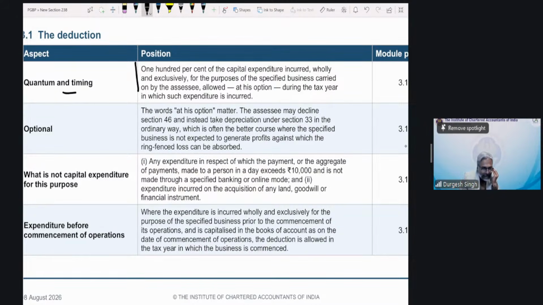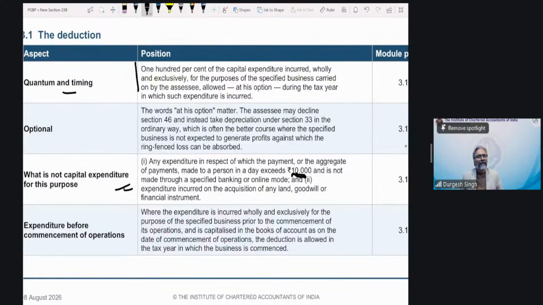Now, friends, over here, for the capital expenditure for which you are claiming deduction, students, be careful over here. What they say very carefully, students, is again the same thing.